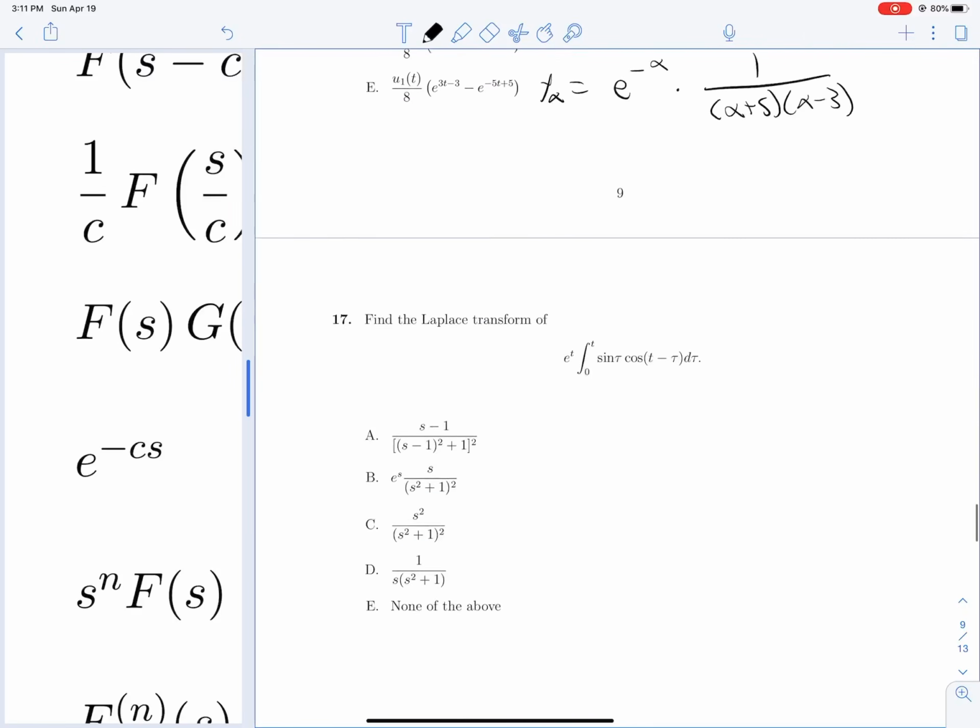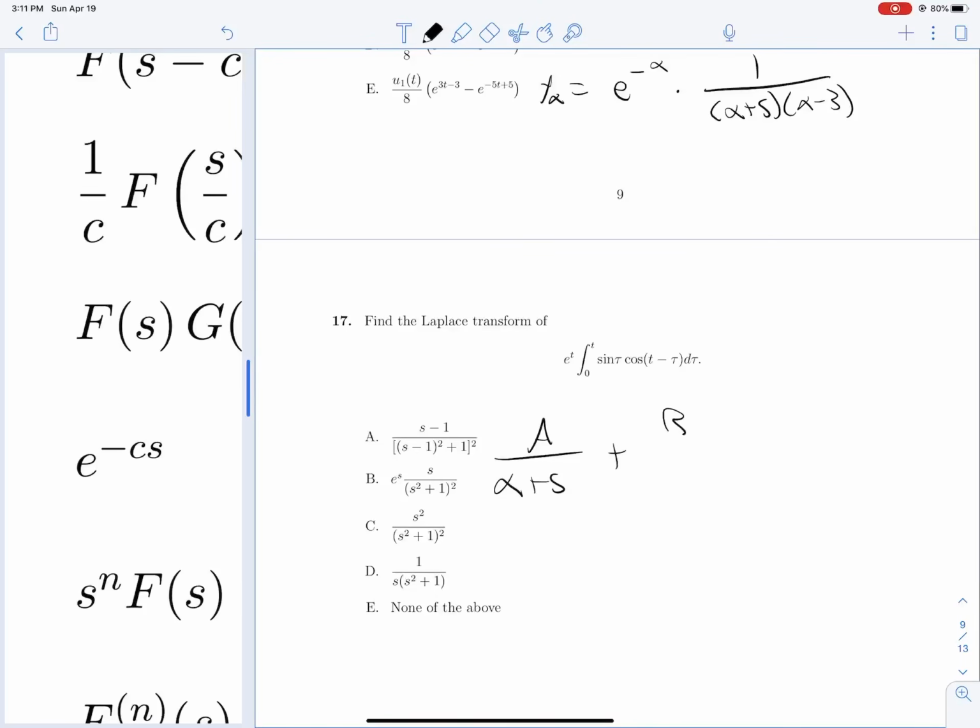And I think I'm actually going to go down here to do it. A over alpha plus 5 plus b over alpha minus 3 is equal to 1 over alpha plus 5 times alpha minus 3, multiplying that denominator up. A alpha minus 3a plus b alpha plus 5b is equal to 1.